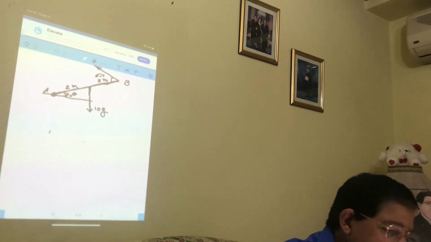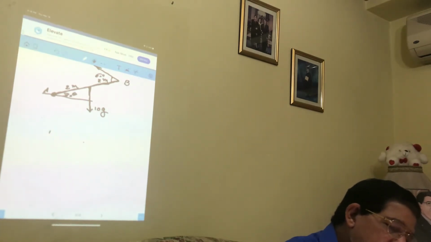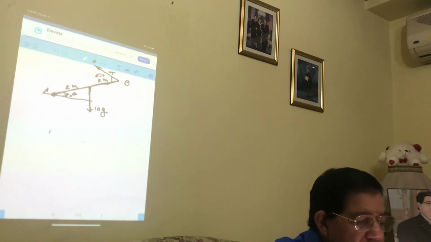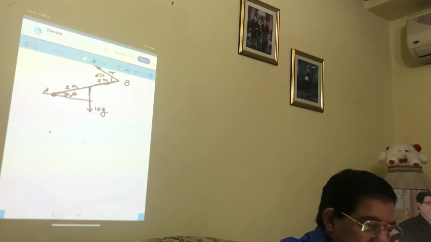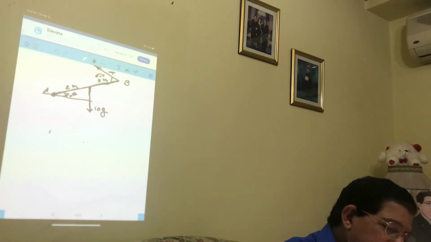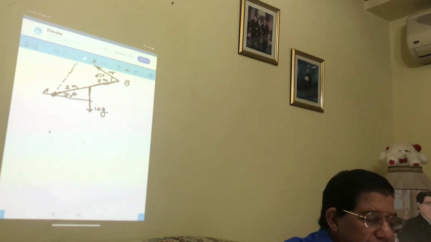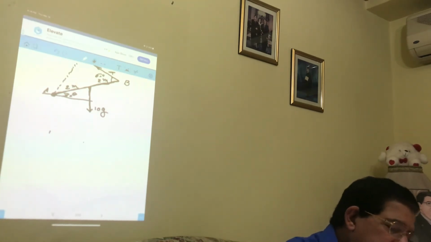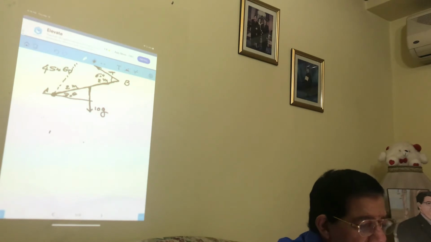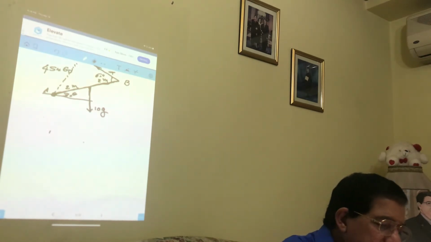And we are asked to find first the tension. What is the tension in the rope? To take moments, we need to get the perpendicular distance. This is 4 meters, this angle is 60, so the perpendicular distance is 4 sine 60.